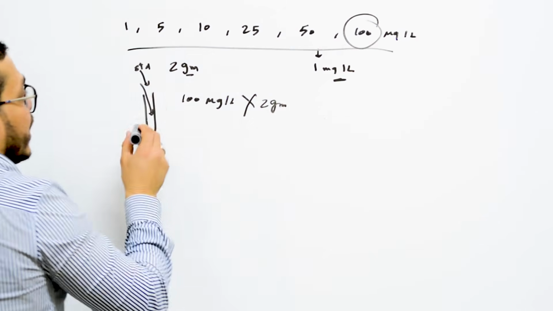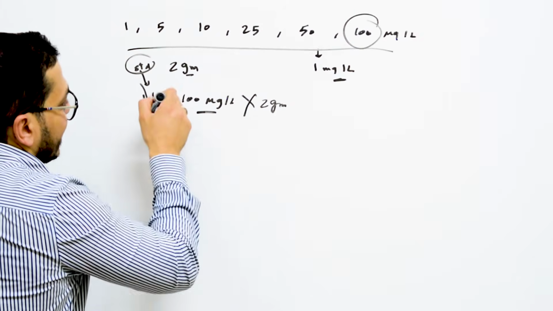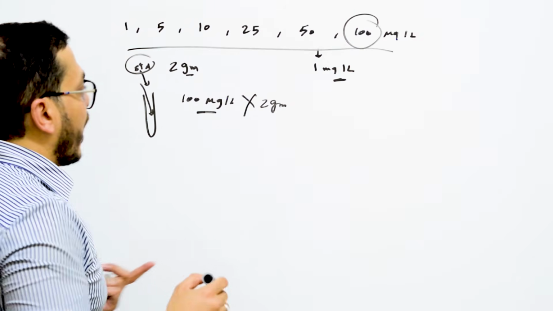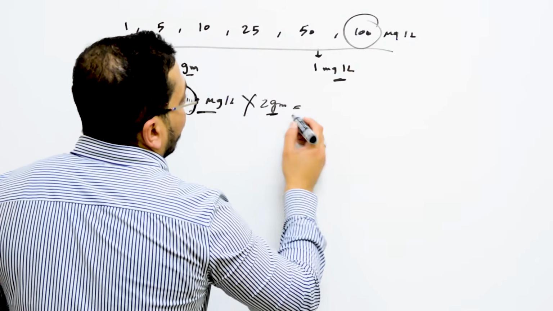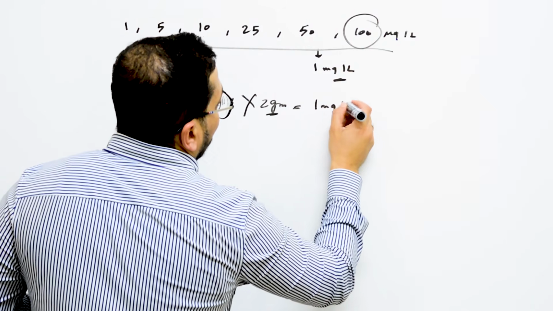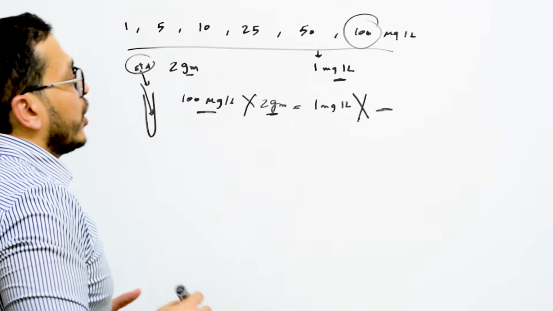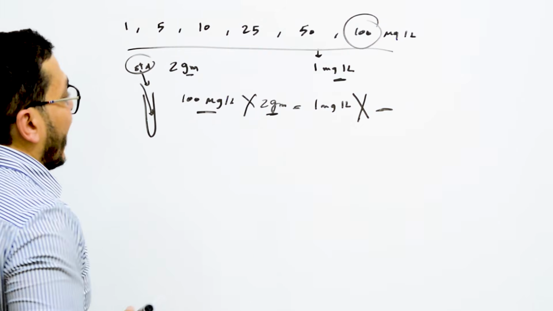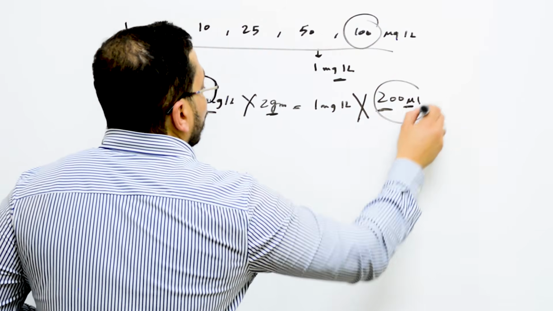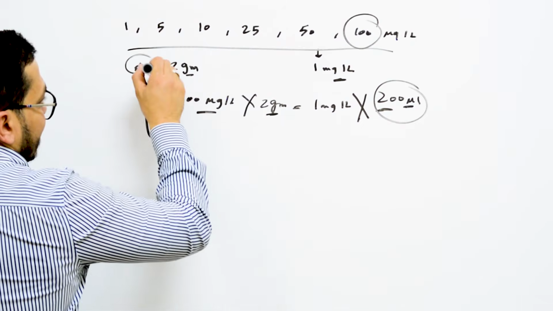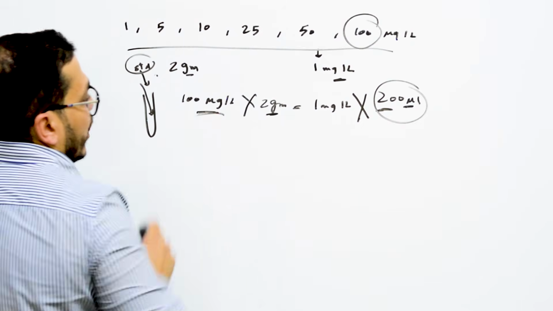You want to fortify this sample with 100 microgram per kilogram on 2 gram sample from 1 milligram per liter. Which volume should you add? 200 microliter. You should add 200 microliter on this sample to get 100 microgram per kilogram.